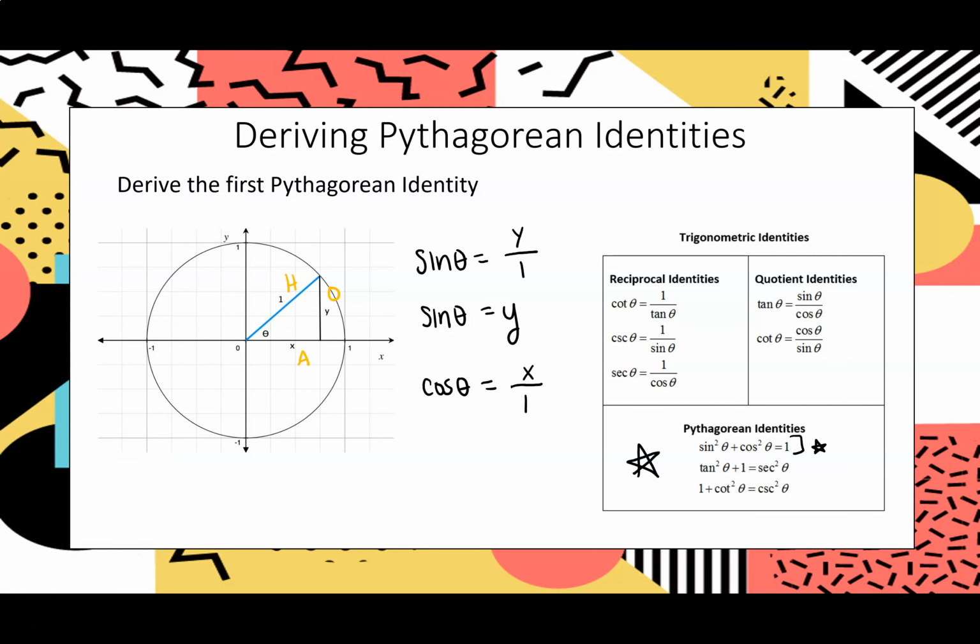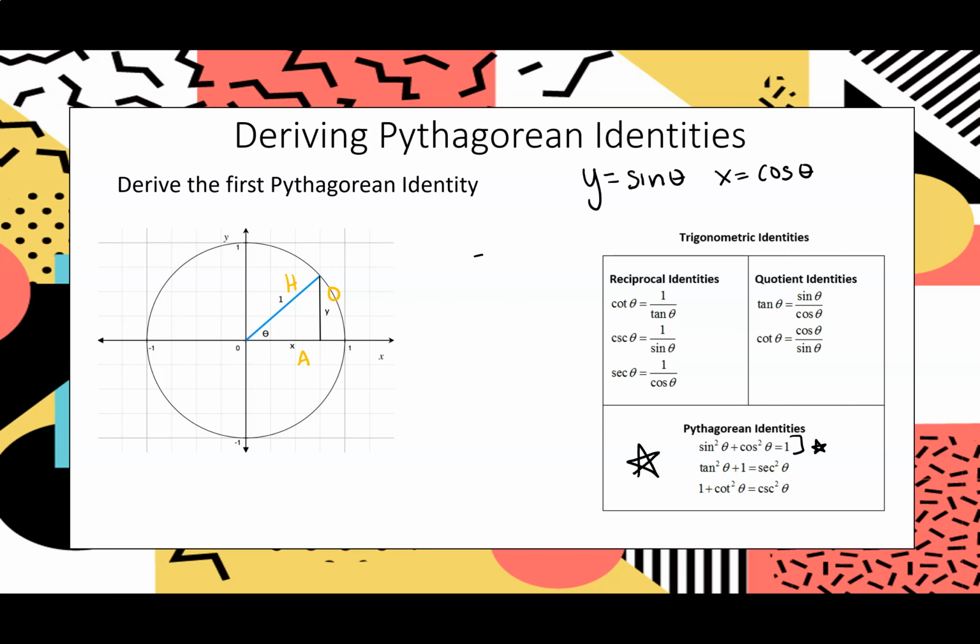Notice here that I can simplify it and just say cosine of theta is equal to x. So what are the two important things here? Sine theta equals y and cosine theta equals x. So I'm just going to rewrite those over here. I've got y equals sine theta, and I've got x equals cosine theta.